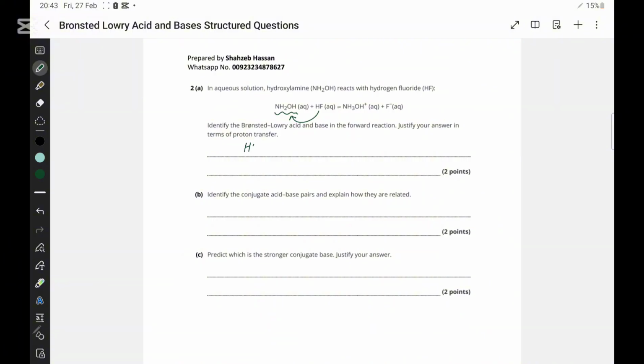So HF would be reacting as an acid because it donates a proton, while NH2OH is acting as a base because it accepts a proton.